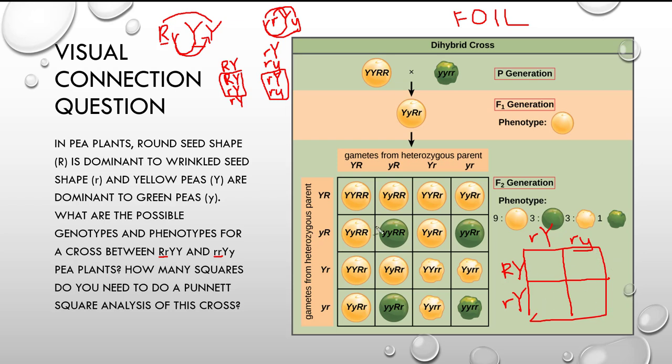However, I like to keep my gametes together. So I'm going to put the r's together and the y's together. I'm going to do this a little differently from what I've been doing. So I'm going to combine these two together into this square. So I'm going to put the big R and little r together and the big Y together.